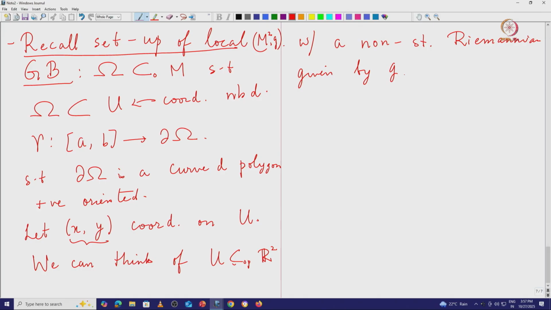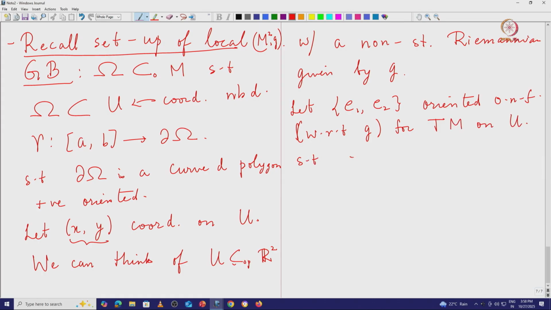So instead we choose by Gram-Schmidt an orthonormal frame. Let E1, E2 be an oriented orthonormal frame with respect to our Riemannian metric G, such that I take E1 to be just A times del by del x.